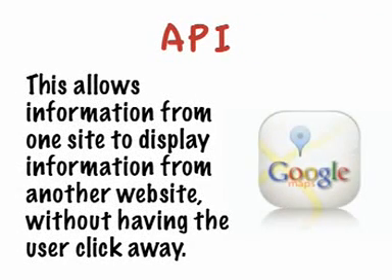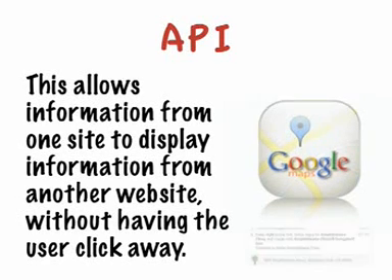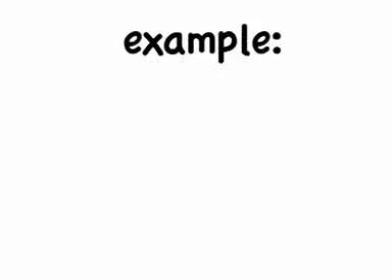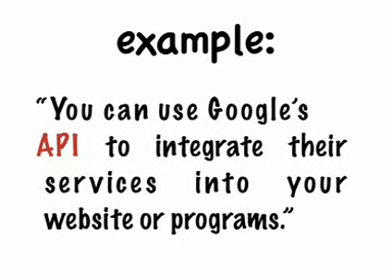This allows information from one site to display information from another website without having the user click away. You can use Google's API to integrate their services into your website or programs.